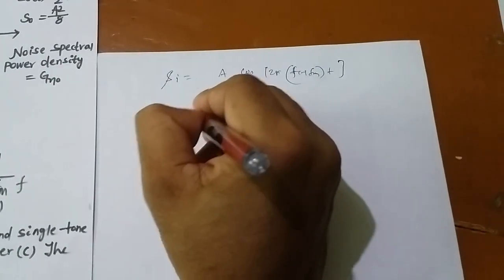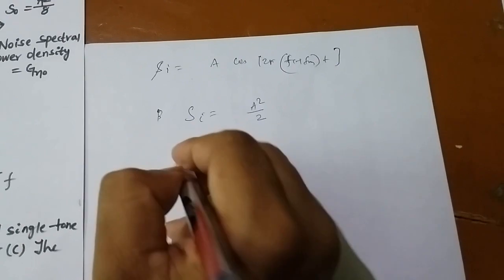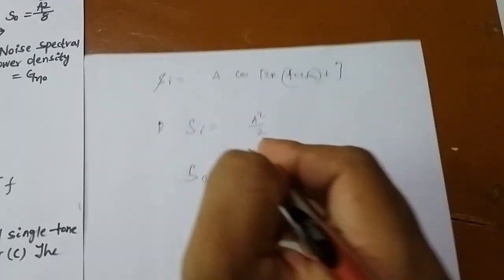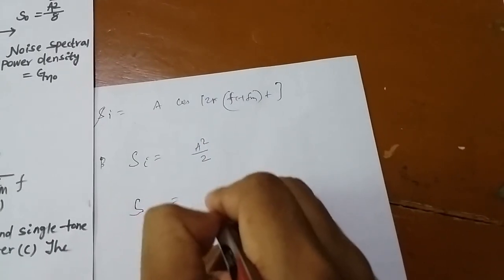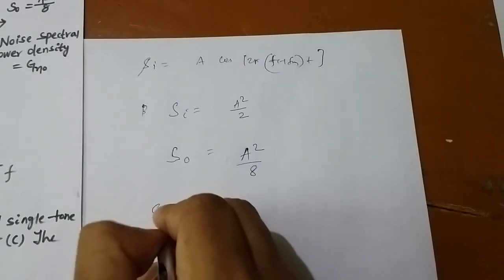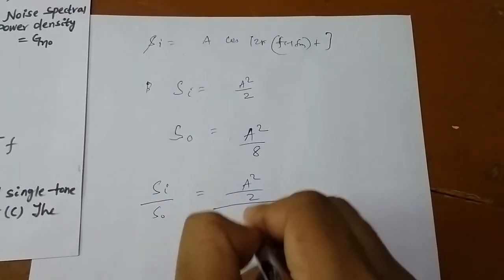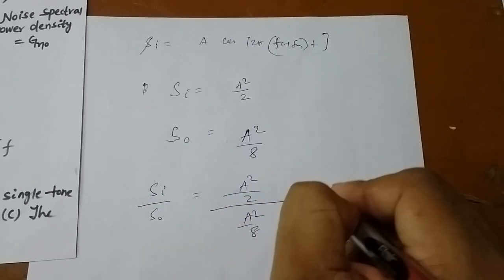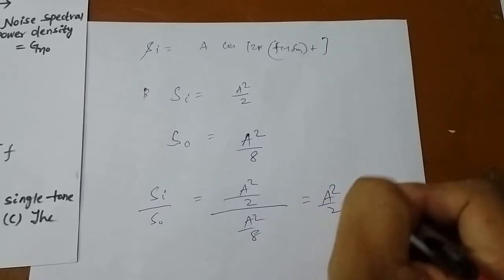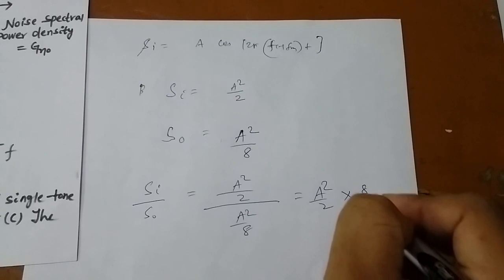You denote the signal as small si and the power as capital Si; the power is A square by 2. Now the power at output is A square by 8. Now Si by S0 equals A square by 2 divided by A square by 8. This is A square by 2 into 8 by A square.